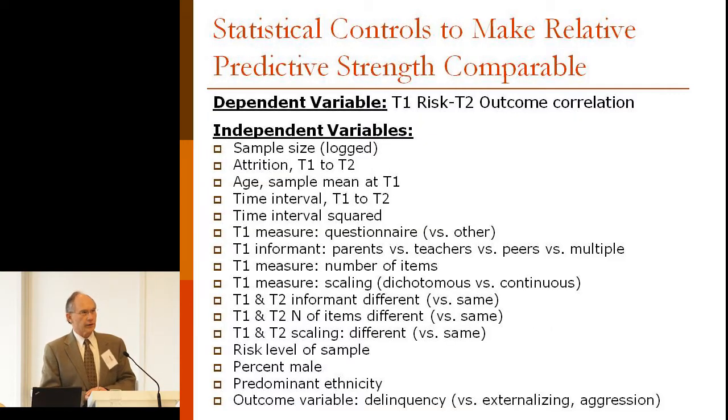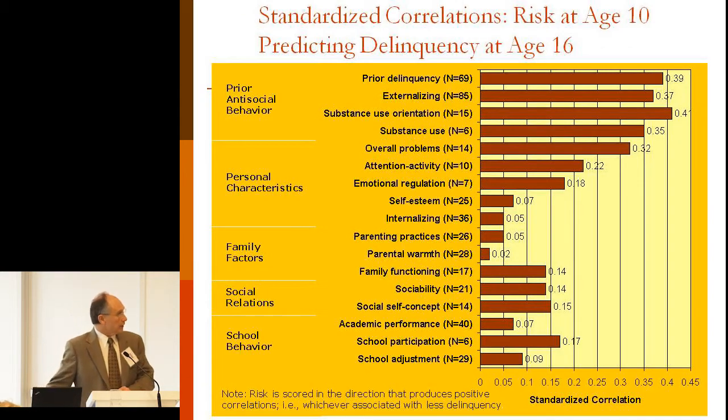This slide you're not permitted to read, and that's good because you probably can't read it anyway. The point here is that we can't just compare correlations of different risk factors with different outcomes across studies without taking into account that the samples are different, the methodologies are different, the studies are different. So we have to put this in a multivariate modeling framework and level the playing field and control for these variations so that we can isolate in a comparative fashion what the contribution of these different risk factors is.